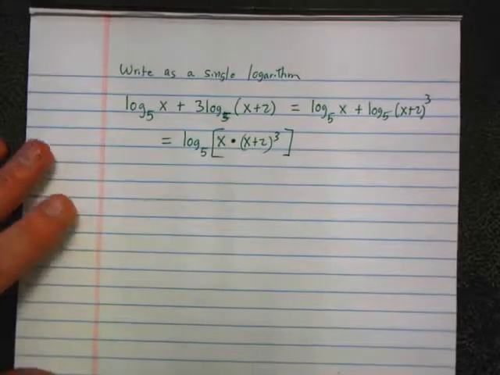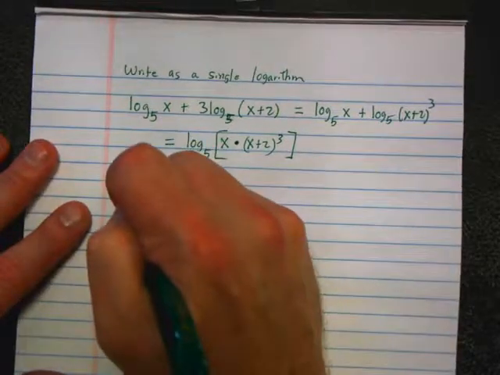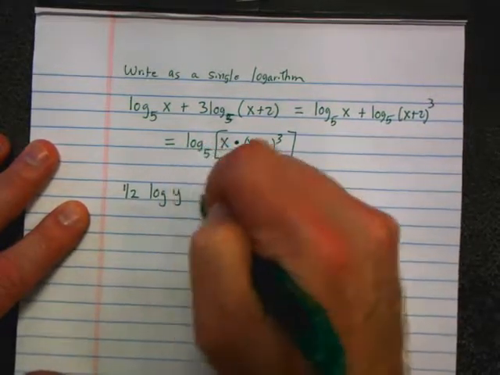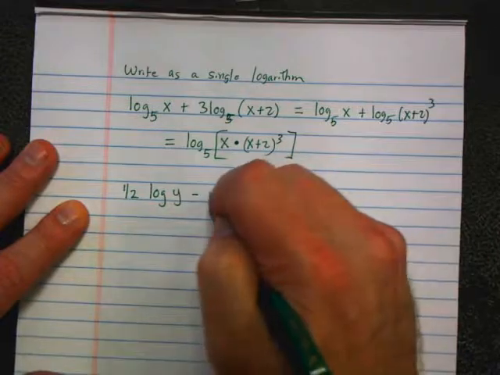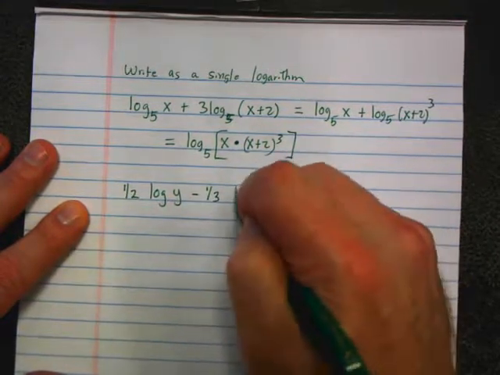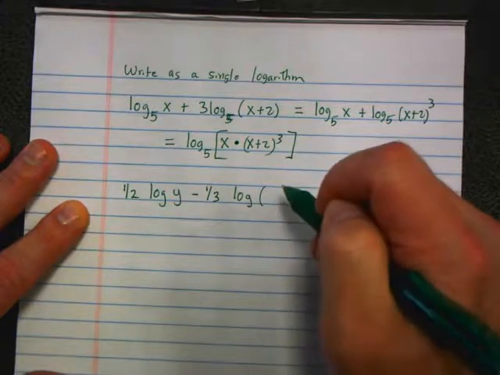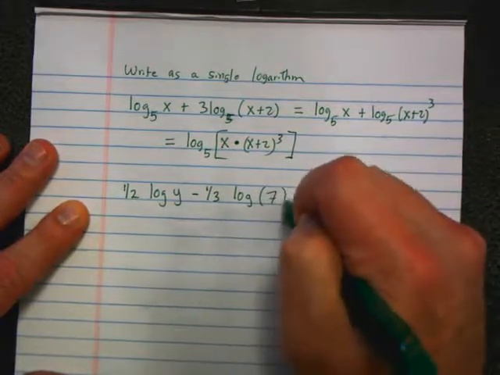All right, how about 1/2 log y minus 1/3 log 7? All right, we can do 7.